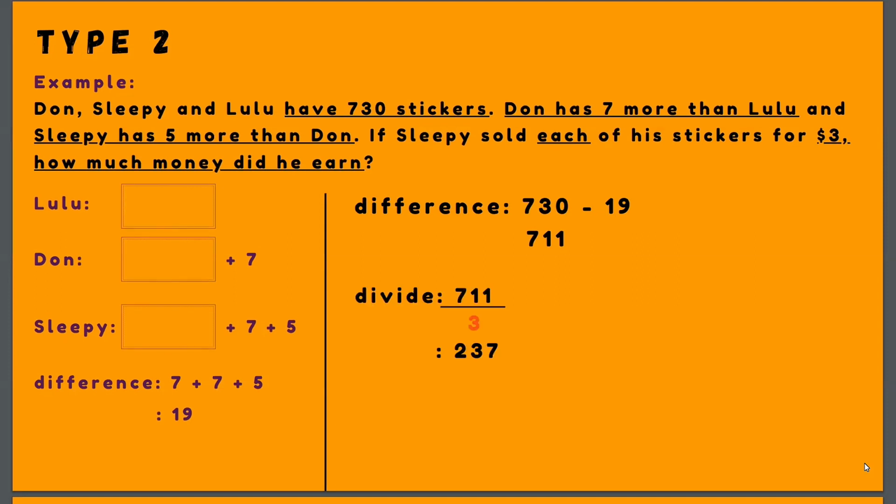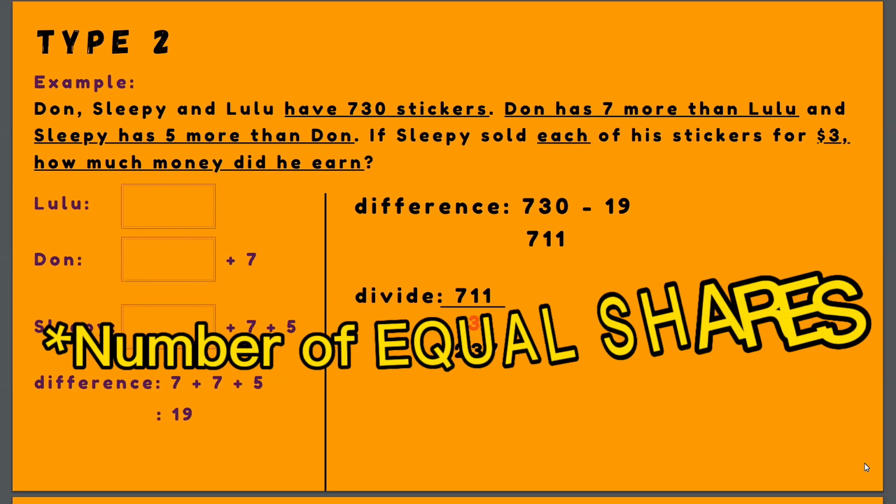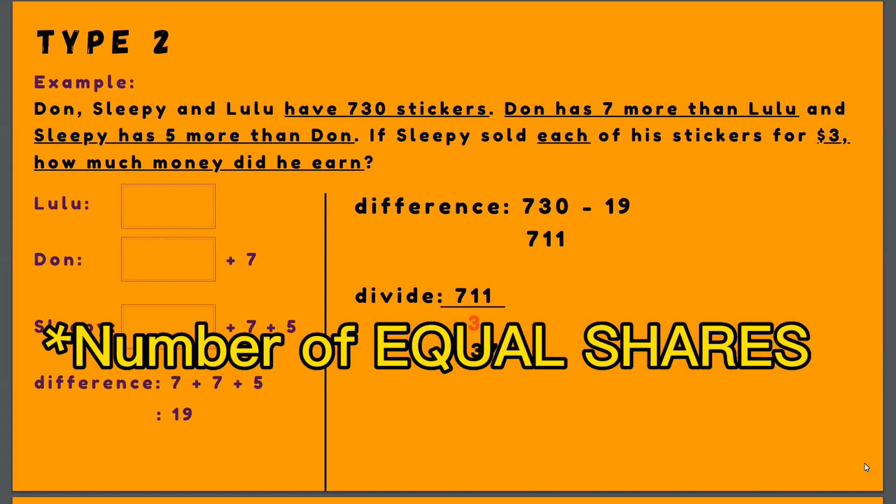Step 2, divide accordingly. Now remember, we divide according to the number of equal shares. So we are not dividing by 3 because there are 3 people here, Lulu, Don, and Sleepy. No. We divide by the equal number of shares. There are 3 shares.